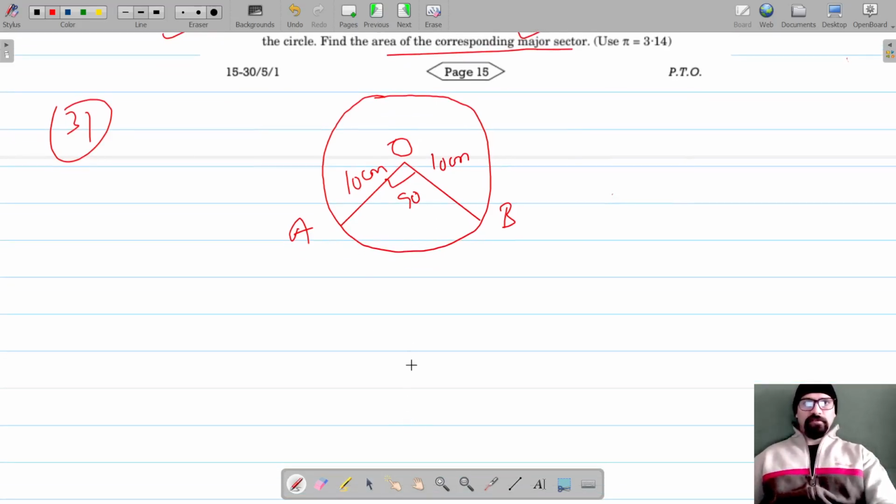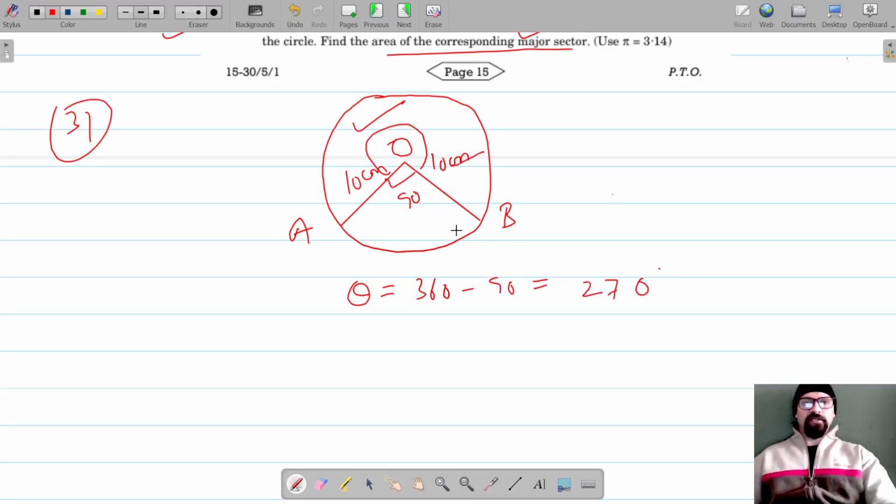So first of all, let's find the area of the minor sector. If you have to find the area of the major sector, this is the major sector, and this angle is the reflex angle. So let this be the reflex angle theta, and this theta is equal to 360 minus 90, which gives me 270 degree.